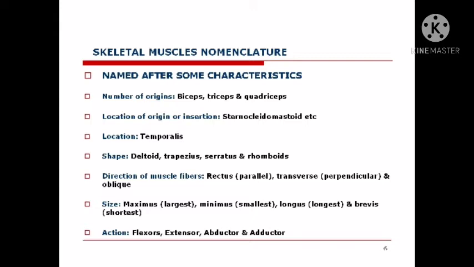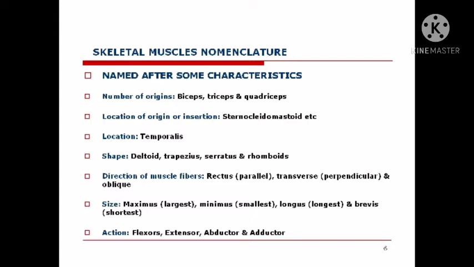The shape of the muscle is another classification. Deltoid is delta shaped. It is a tripinnate muscle arising by three heads and inserting by a single tendon. Then the trapezius. I hope you know the trapezoid shape. So the muscle here, according to shape, is the trapezius, which we will study in the upper limb, inshallah.